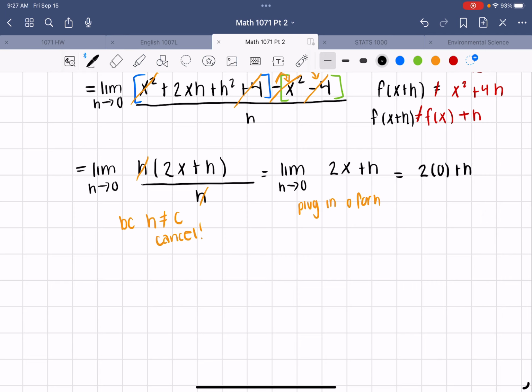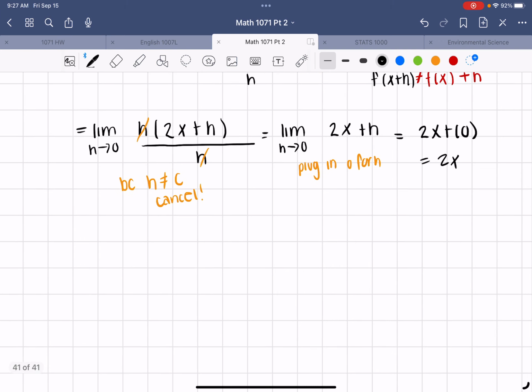So however you want to think about it, notice that we have justified our pattern. Let's keep going.